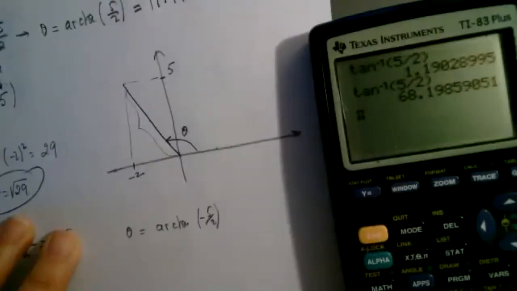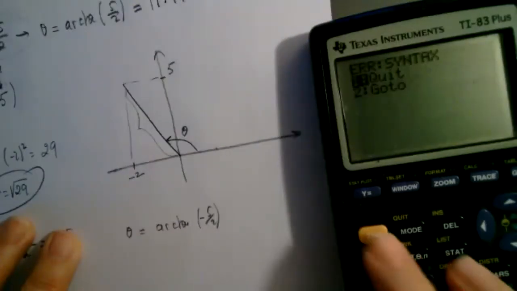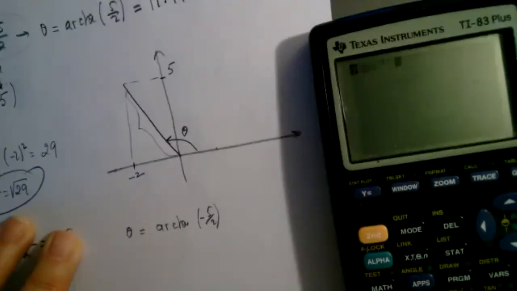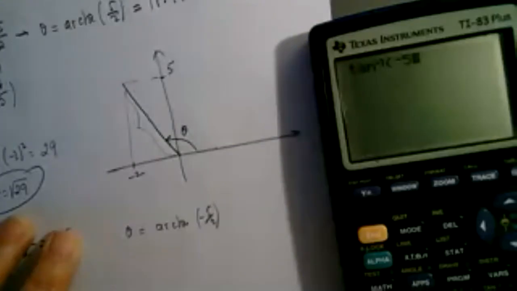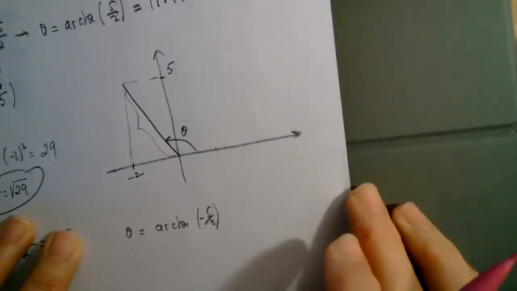And I compute the tangent inverse of minus 5/2. What do I get? I get a negative number. Now, is theta negative in here?